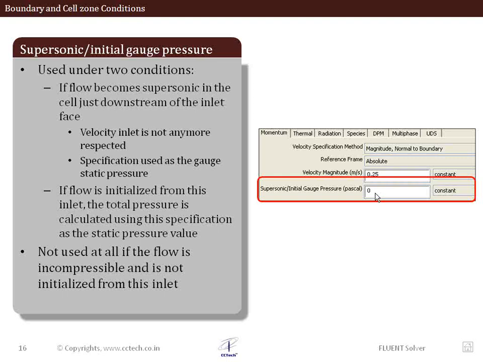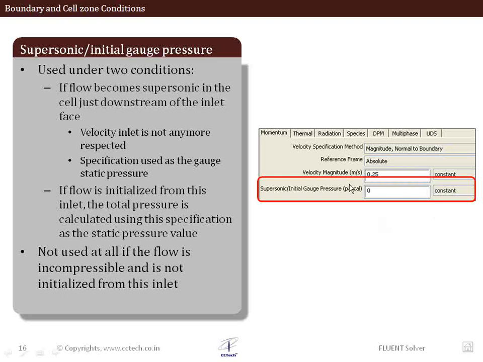The other situation when this value can become important is when you want to initialize the flow through the standard initialization process in ANSYS Fluent. If you initialize from this boundary, then this is the static pressure which will be used to assign in every part of the domain. Because in standard initialization you just specify a specific value everywhere in the domain.